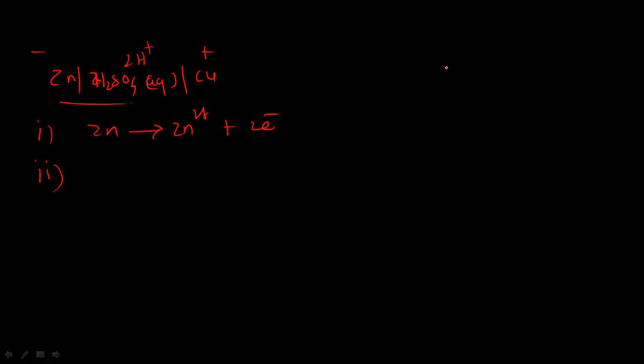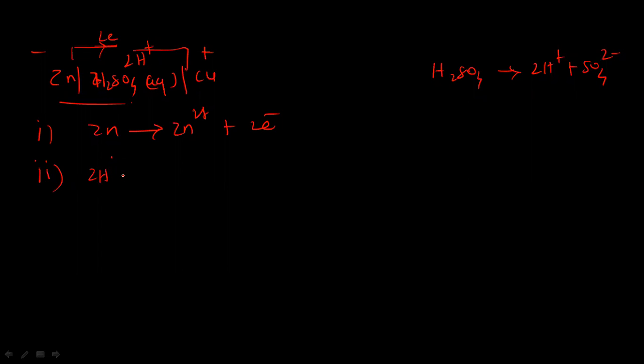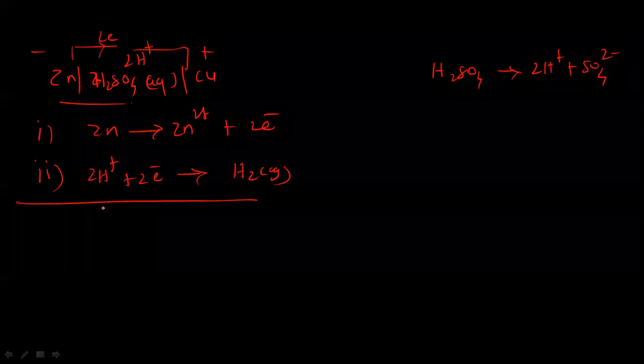The dissociation of sulfuric acid will be like this: 2H+ ion and SO4 2- ion. So whatever electrons are released here are added onto the electrolyte, that is sulfuric acid. So two hydrogen ions in the sulfuric acid plus 2 electrons give formation of H2 gas.